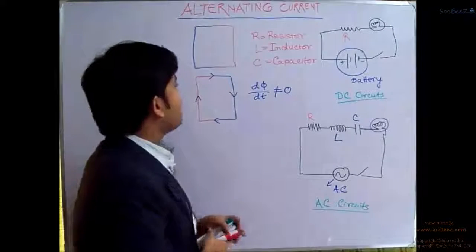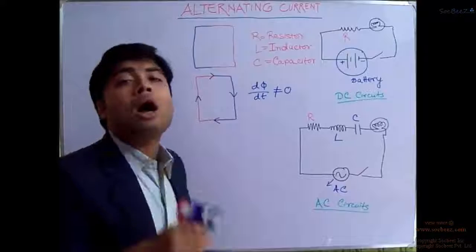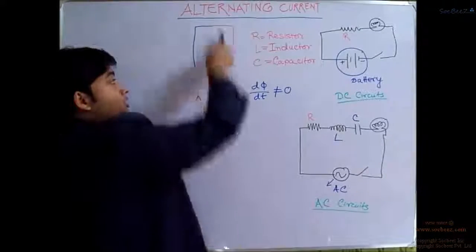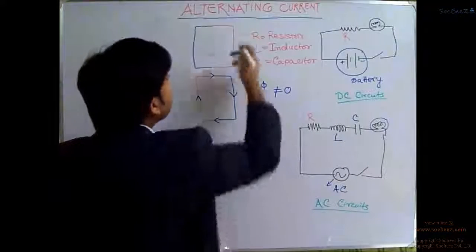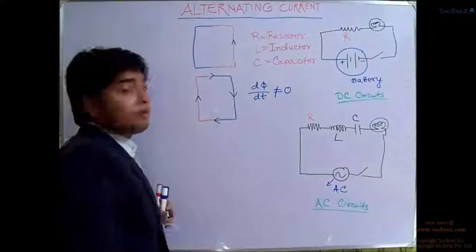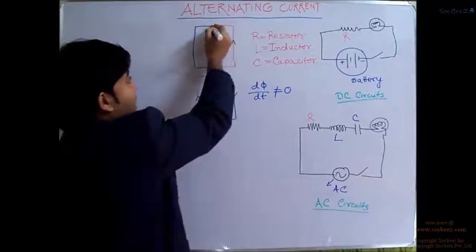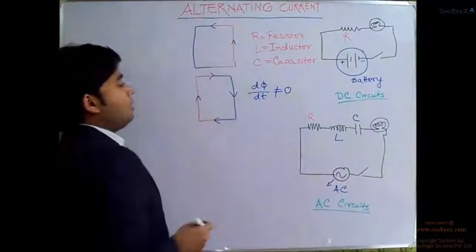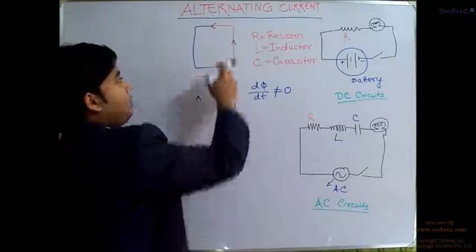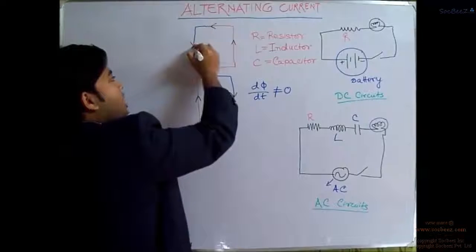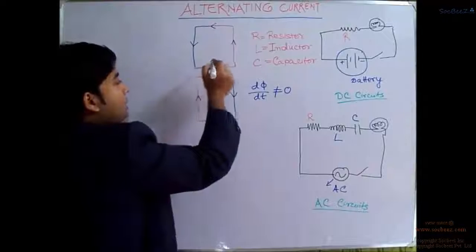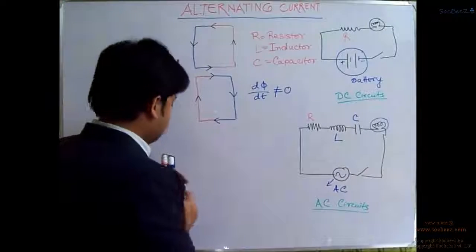On the red mark side, we have seen it will go up. The current will go up, right? So it will go up over here also. If it goes like this, obviously it will go likewise. And on the blue mark, we have seen it is going down. Now see, it will also go down, right? So it will make another direction like this.